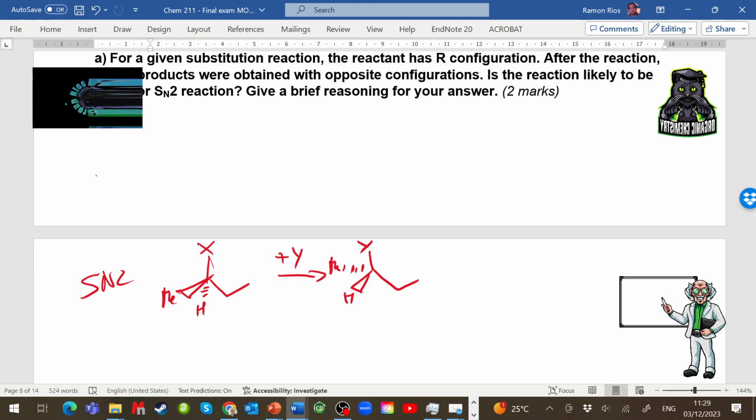We have an inversion of the configuration and we get only one product. This is chiral, as they say.